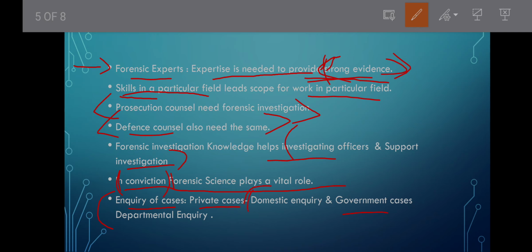In private cases they carry out domestic inquiries, and if it is in government offices, they conduct departmental inquiries, as they have their own vigilance department. In domestic cases, companies and corporate sectors hire their own forensic experts.